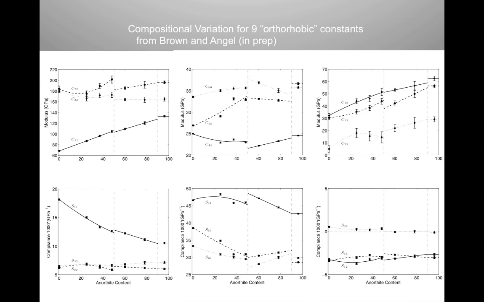When you look at the compliances, you can see, in fact, that the compliance S23 is small for albite and goes down to essentially a 0 value as you increase the anorthite composition. The other two off-diagonal constants, 1, 2, and 1, 3, in the compliance plot are not so different and don't change as much as you go from albite to anorthite.